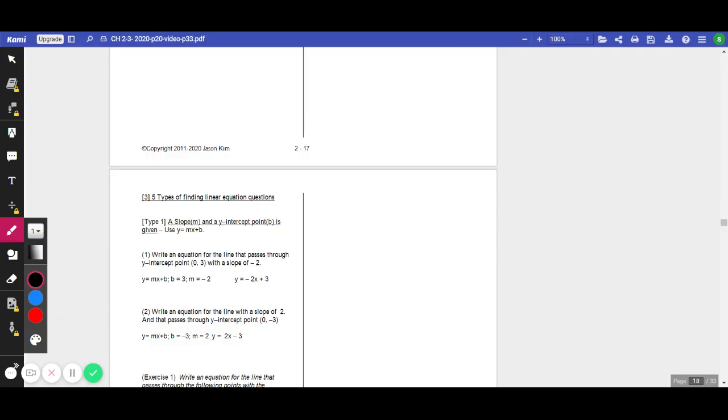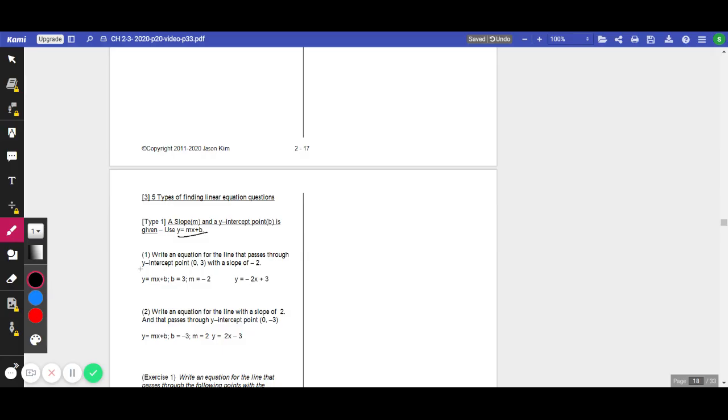So let's look at this type of question. Again, type 1 is when the slope and y-intercept point are given. In that case, you use y equals mx plus b. So let's look at the example.